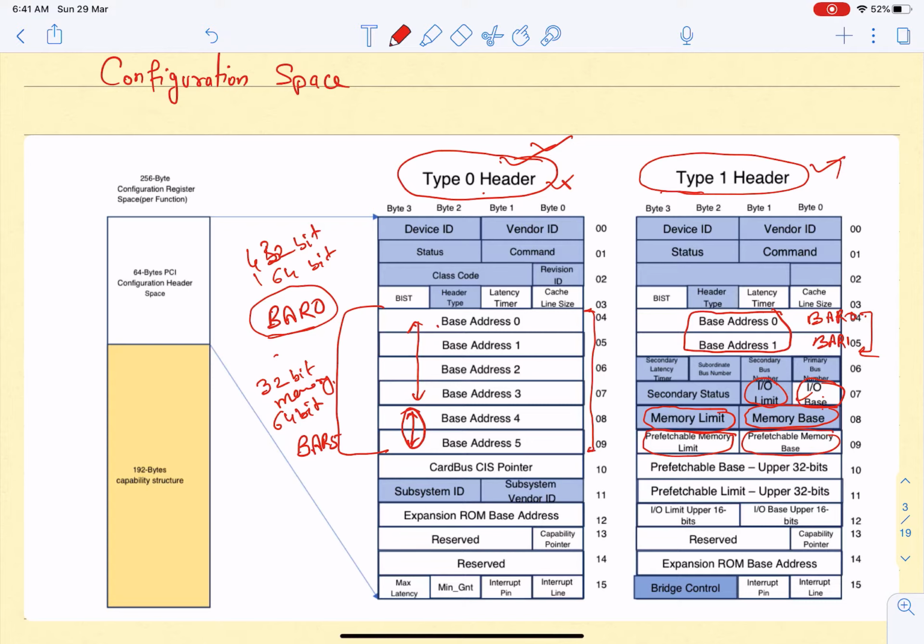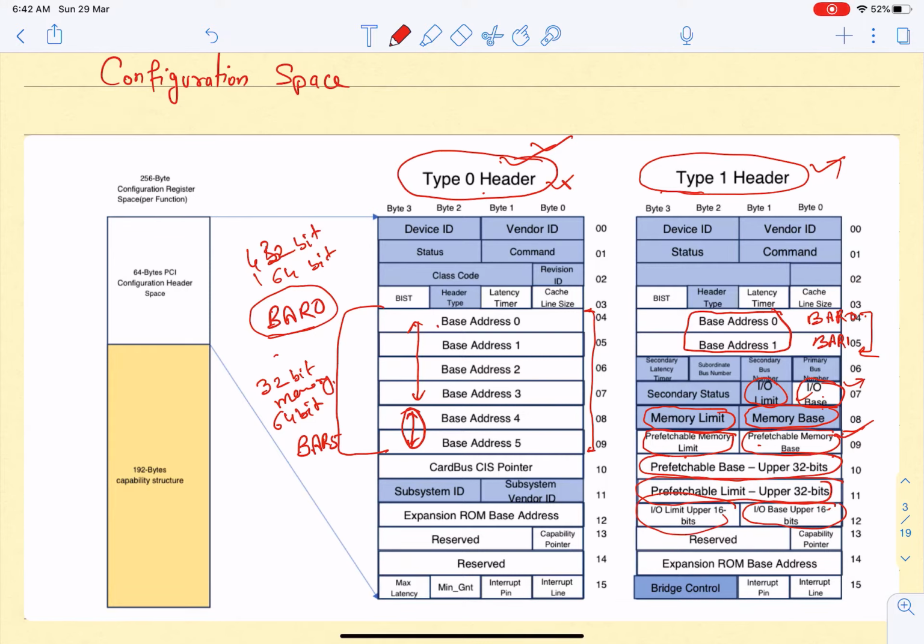For defining the base and limit, the lower 32 bits can be calculated from the prefetchable memory base and limit, and the upper 32 bits are configured here. Similarly, if we have IO base in 32-bit address space, then the upper 16 bits will be configured here.